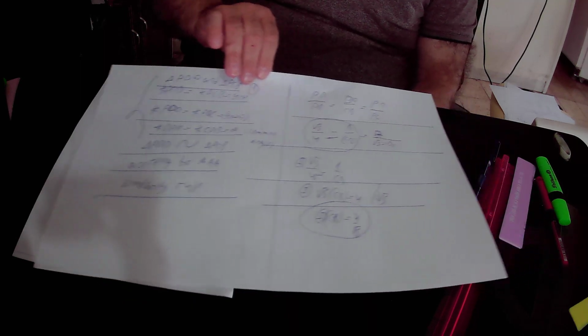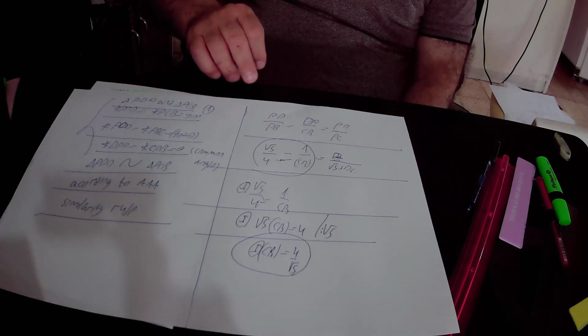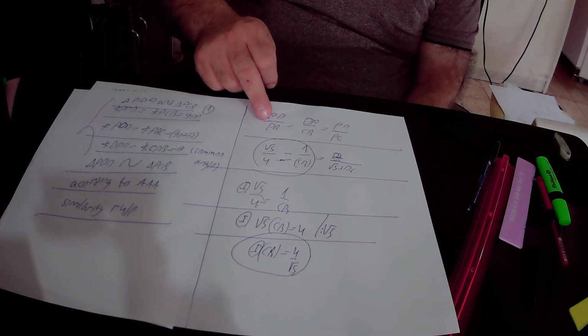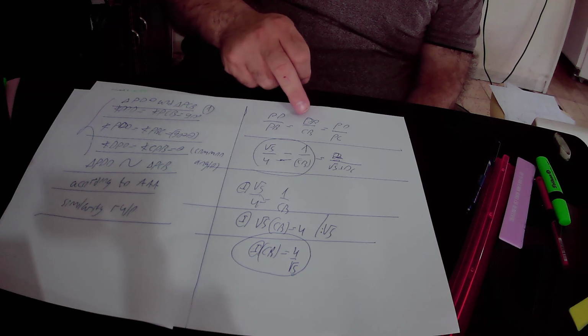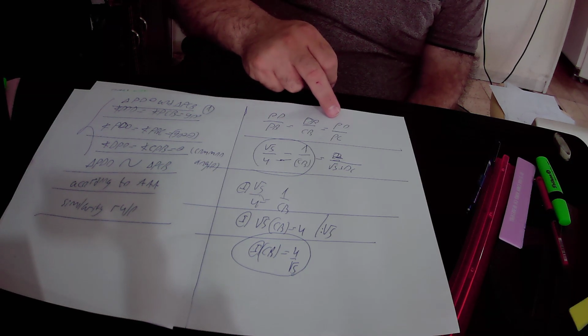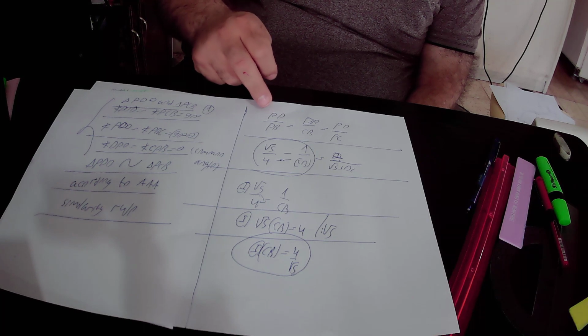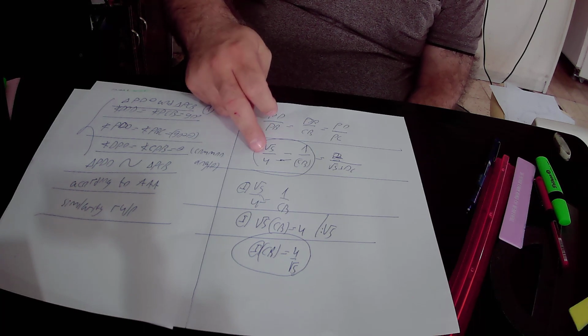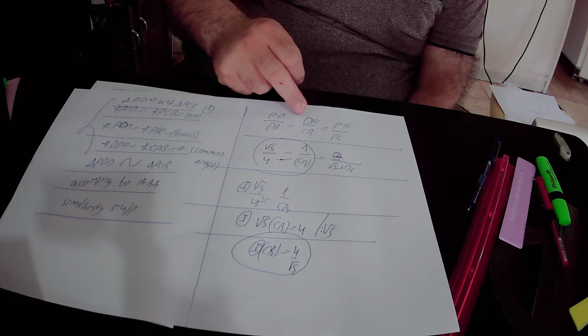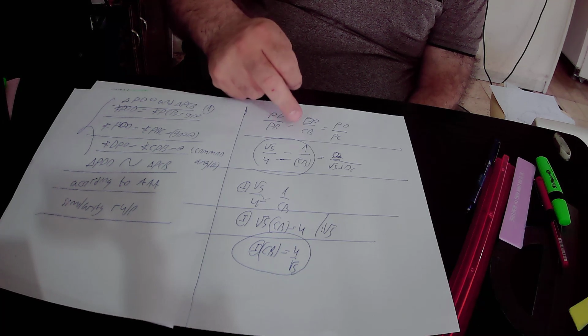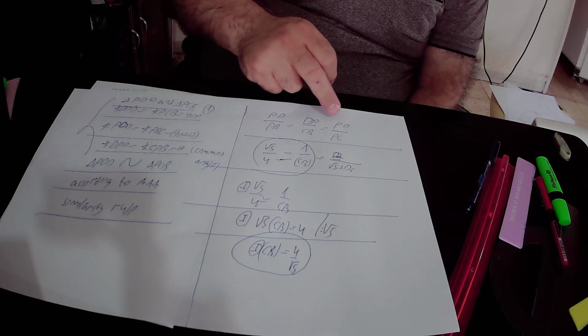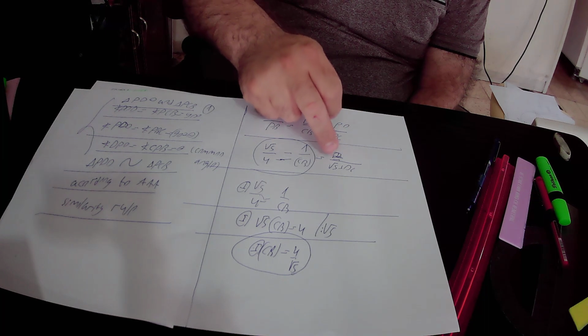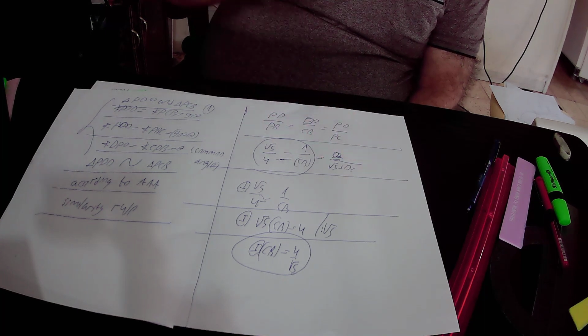From the fact that the two right triangles are similar to each other, we derive that PD over PB equals DO over CB equals PO over PC. PD is equal to square root of 5 units, PB is 4, DO is 1, CB is the missing line segment, PO is 2, and PC is equal to 5 plus DC.